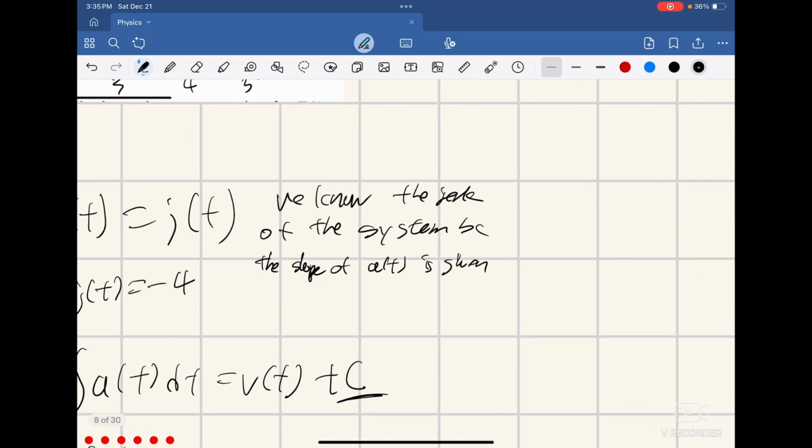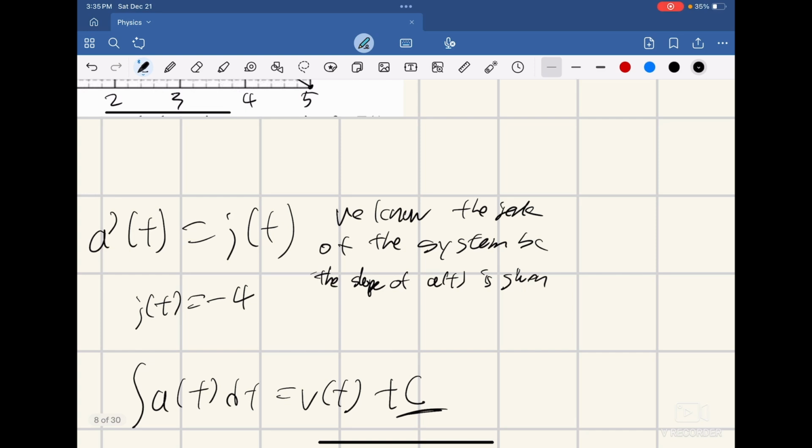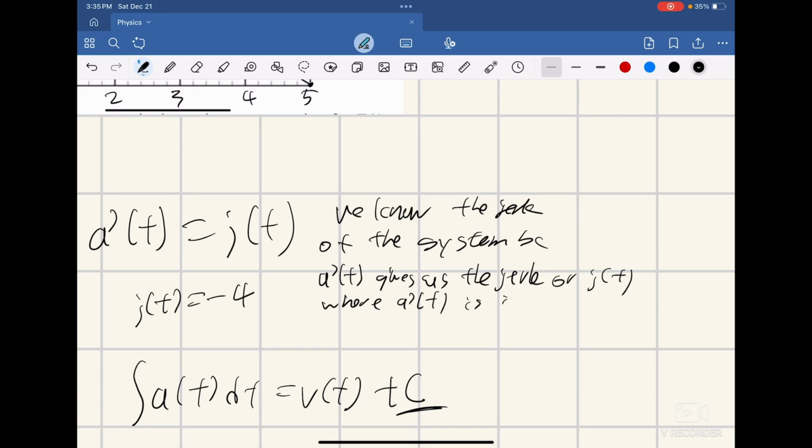And we know the jerk of the system because the derivative of A(t) gives us the jerk, or J(t), which is just the slope of A(t).